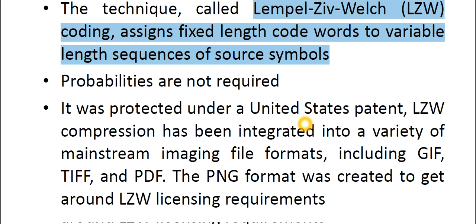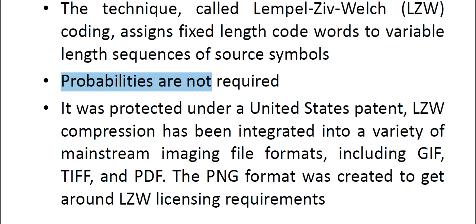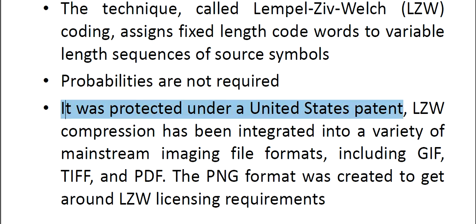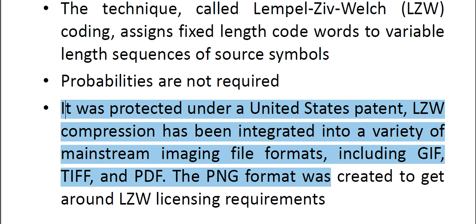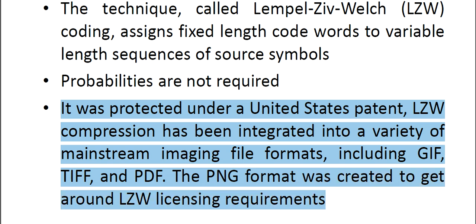The main thing is that we don't need probabilities. It was protected under a United States patent. LZW compression has been integrated into mainstream file formats like GIF, TIFF, PDF, etc., and the PNG format was created to get around LZW licensing requirements.